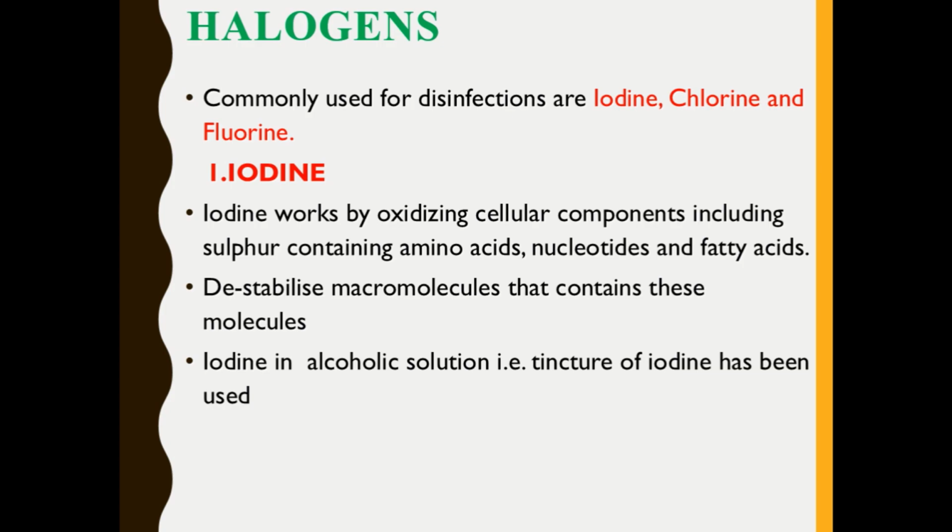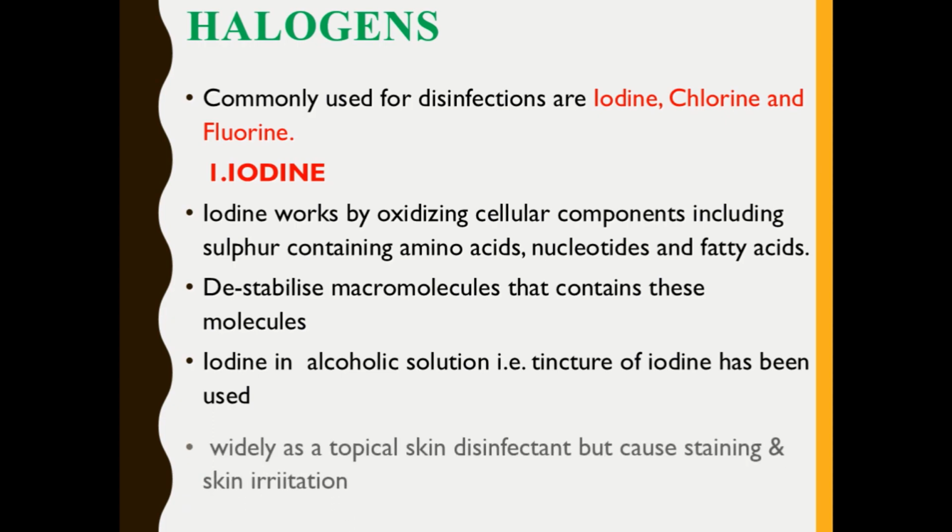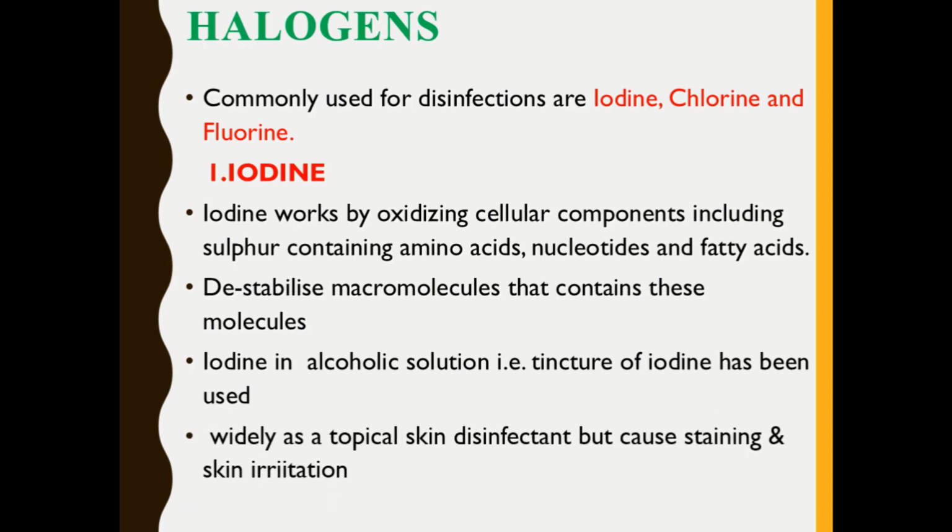Iodine can be used as a plain iodine solution as well as in an alcoholic solution, which we call the tincture of iodine, widely used as a topical skin disinfectant. One disadvantage is it can cause staining and skin irritation, but still it is a more powerful disinfectant as compared to the plain iodine solution.